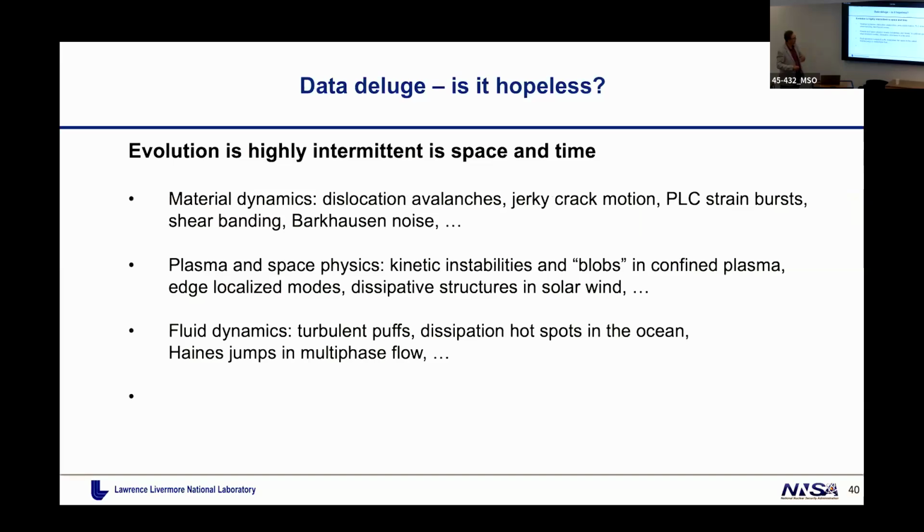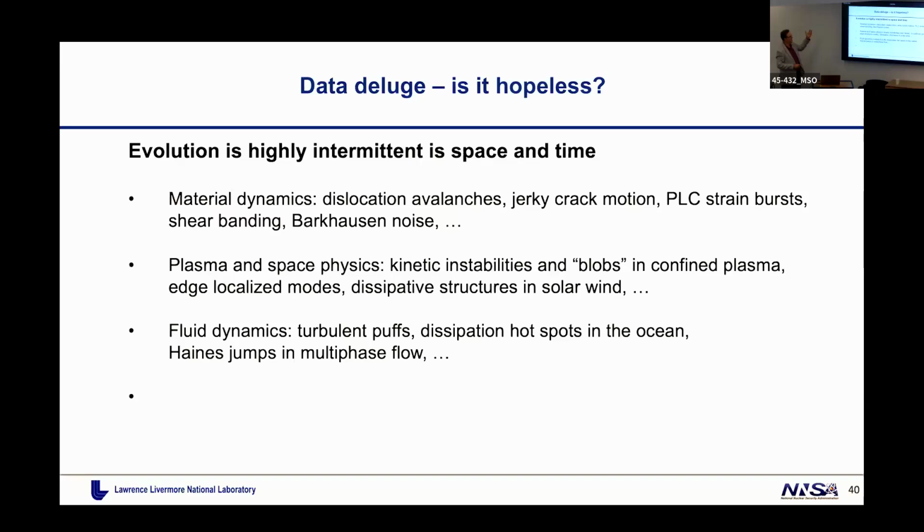All right, so is it really hopeless? That's quite a subjective take on things, admittedly. At least in the context of the things we are doing, what we see is that evolution in time and space is highly intermittent. Things of most interest don't happen most of the time in most of the places, right? So in materials dynamics, it has to do with all kinds of behaviors, which I list here.